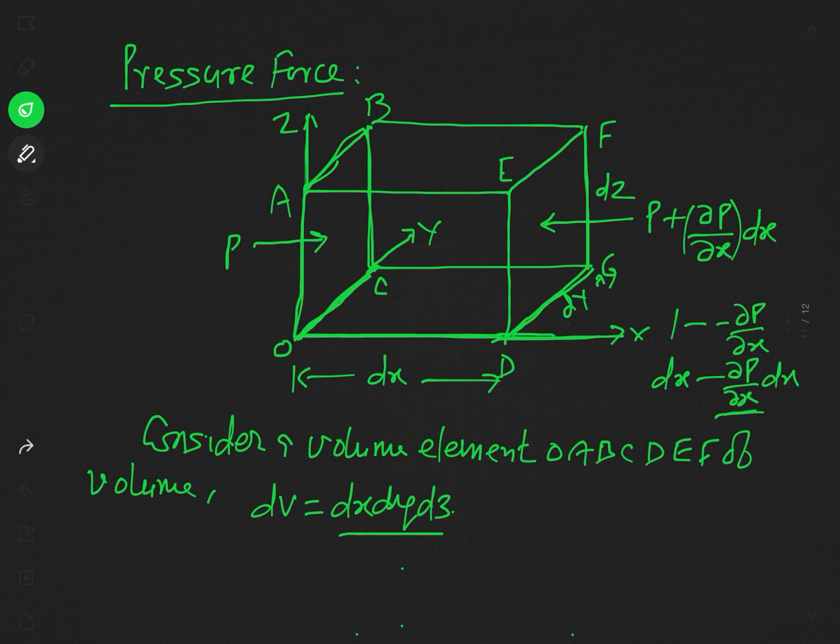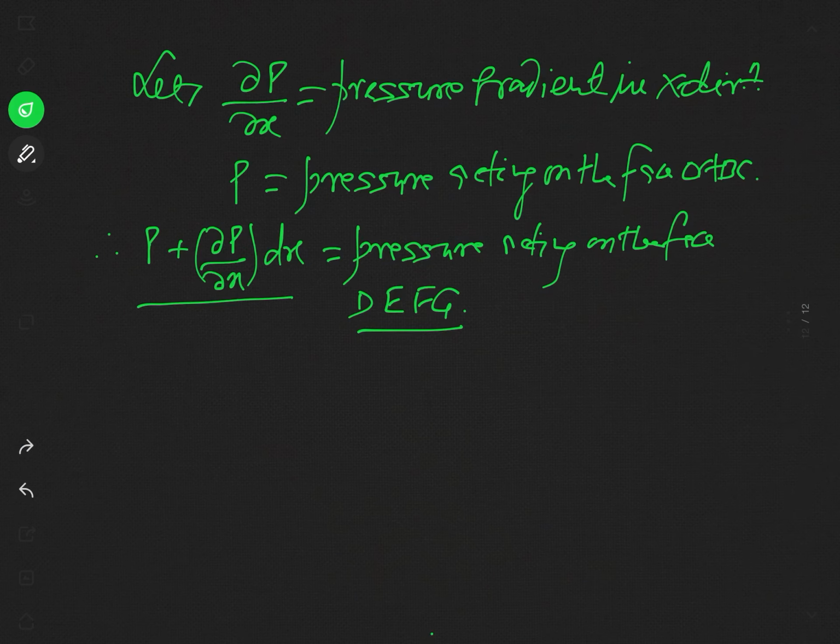As you know, this length is dy and this is dz, so the area of face OABC is dy into dz, and the area of face DEFG is also dy into dz. So when we multiply the pressure by this area, we will get the force.